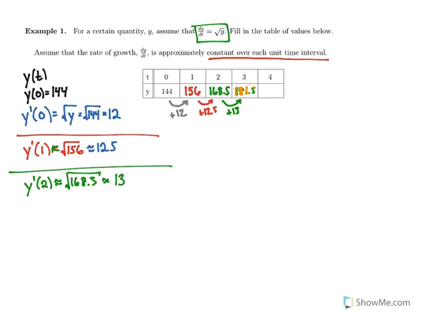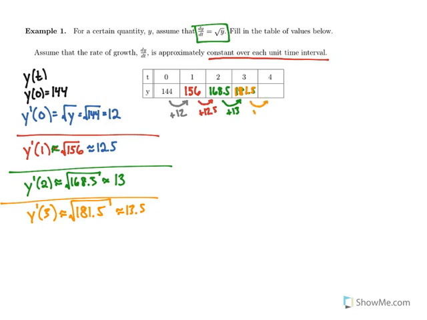And we're going to rinse and repeat one more time. The derivative value at 3 is going to be about the square root of 181.5, which is about 13.5. 13.47, but we'll call it 13.5.